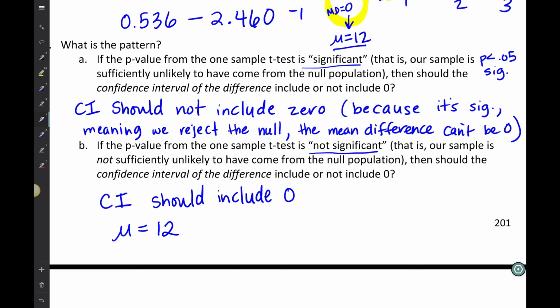And if the mean is actually 12, then the mean difference between the true mean and what we expected is 0. So yeah, our confidence interval should include 0 if we think the null could be true.